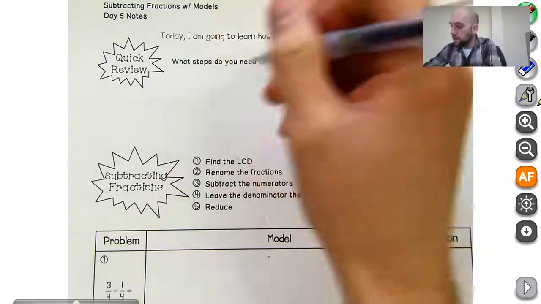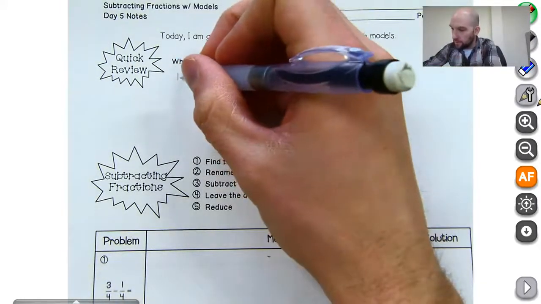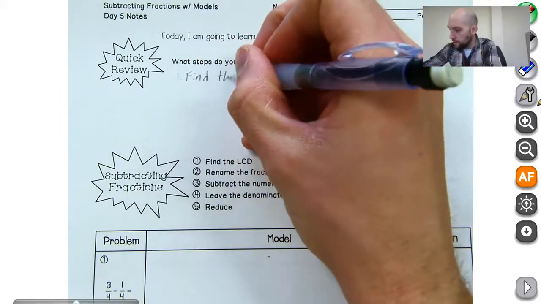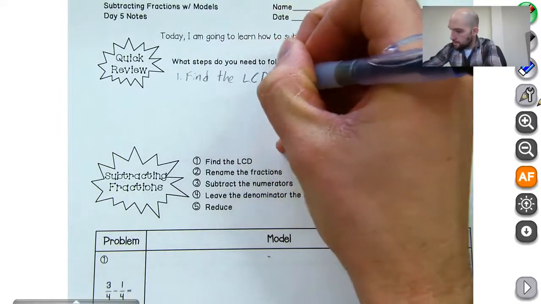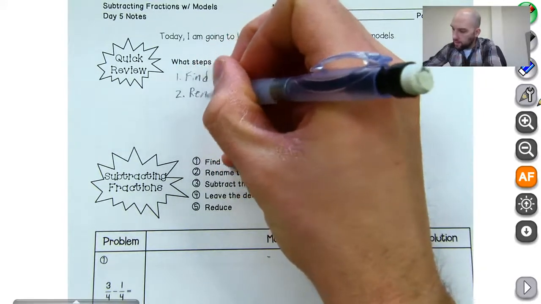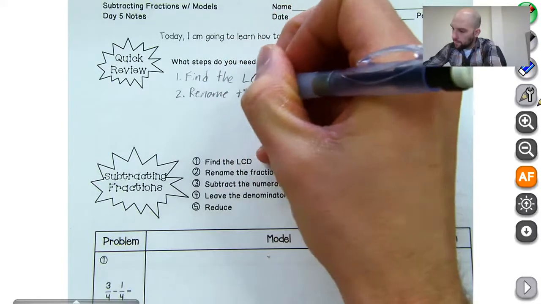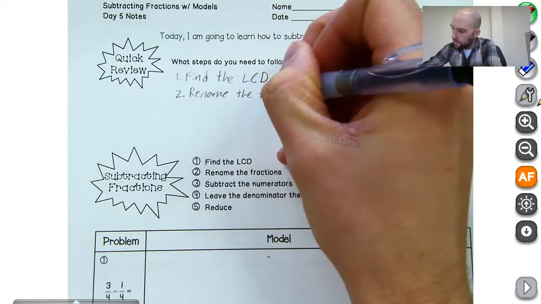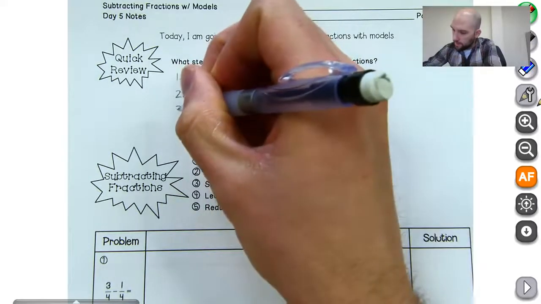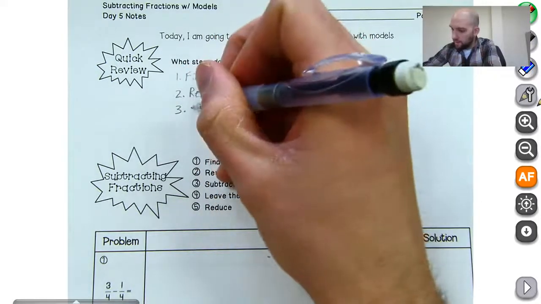So when we add fractions, we need to find the lowest common denominator. Then we need to rename the fractions. Then we need to add the numerators.